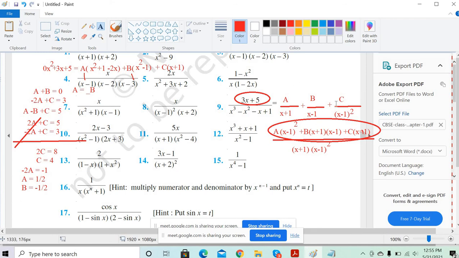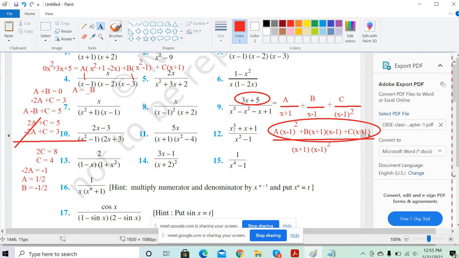Now you substitute it here and integrate it. Simple. Any questions, any doubts? No, sir. Clear. You got stuck on how to find the ABC value, right? Now did you get? Yes, I got it now.